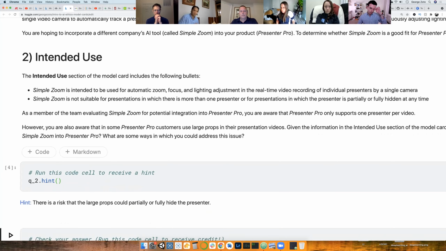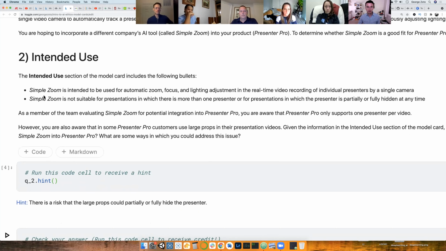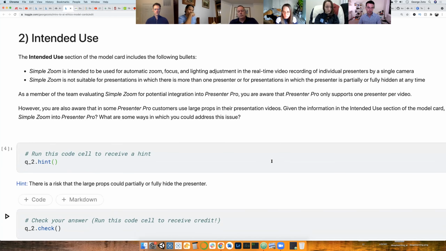So the risk here is that if your audience or your customers use large props, then they could partially or fully hide the presenter. And the Simple Zoom model card specifically tells us that this is only meant for one presenter, where the presenter is fully shown at any time.